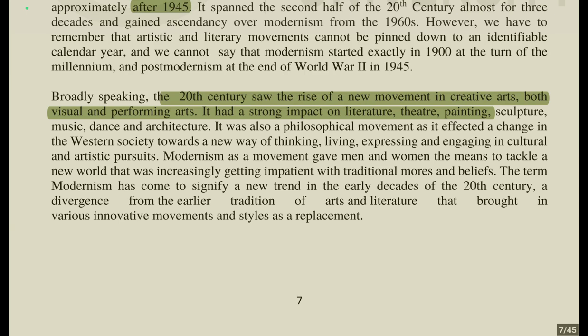Now, modernism is actually a kind of movement. It cannot be said that people started writing in it. Modernism is a movement that refers to a specific set of characteristics or traits of artistic expression.